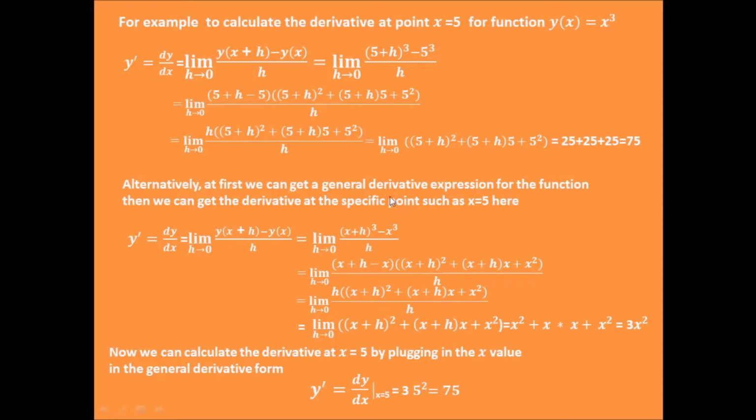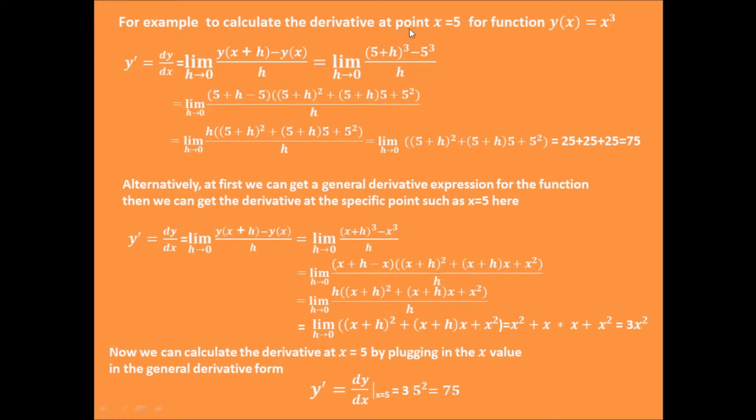For example, if we want to calculate the derivative at the point x equals 5 for the function x cubed. Based on the definition, the derivative at the point x equals the limit of the function value at x plus h minus the function value at x, divided by h, with h approaching 0.